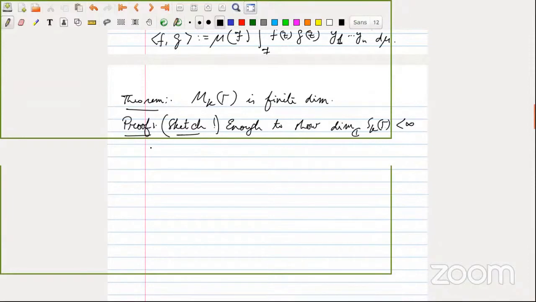For this we pick an orthonormal set like this, f_1 and so on up to f_m, orthonormal with respect to the Petersson scalar product.